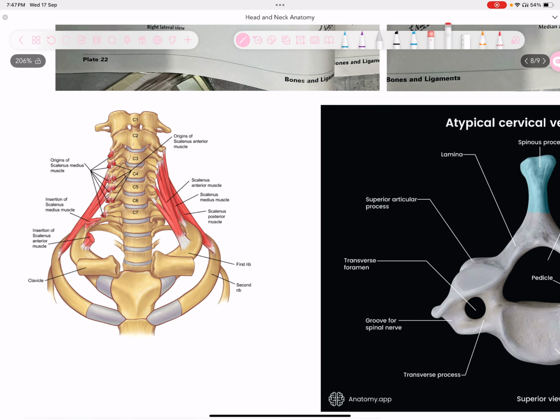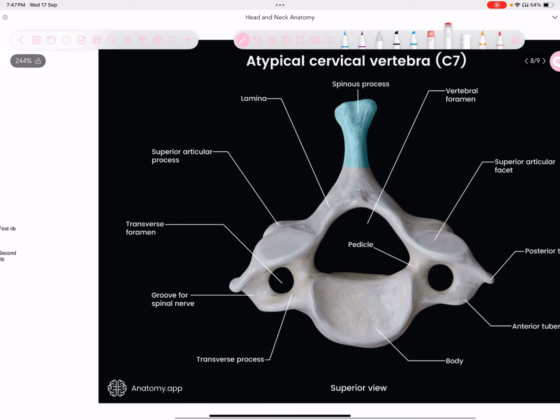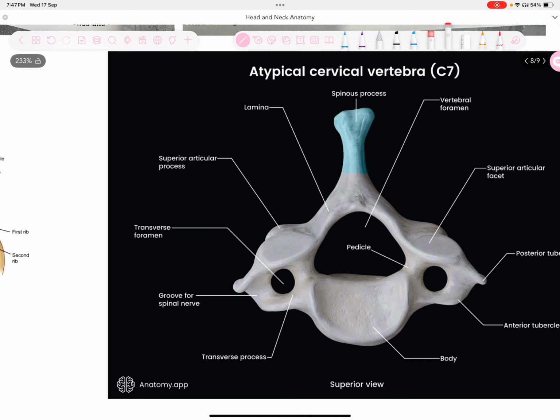And then also the transverse process, the foramen transversarium usually transmits only an accessory vertebral vein. There isn't a vertebral artery here, only an accessory vertebral vein. And also the posterior tubercle provides attachment to the suprapleural membrane.